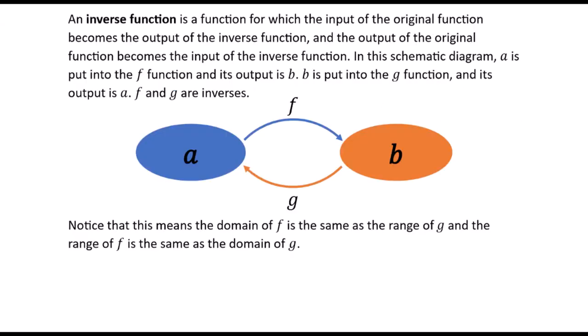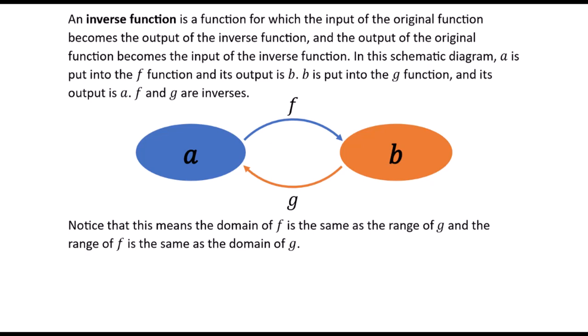Now, an inverse function is a function for which the input of the original function becomes the output of the inverse function, and the output of the original function becomes the input of the inverse function. In this schematic diagram, a is put into the f function and its output is b.